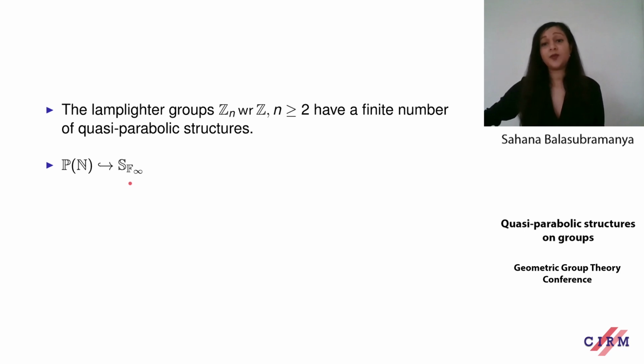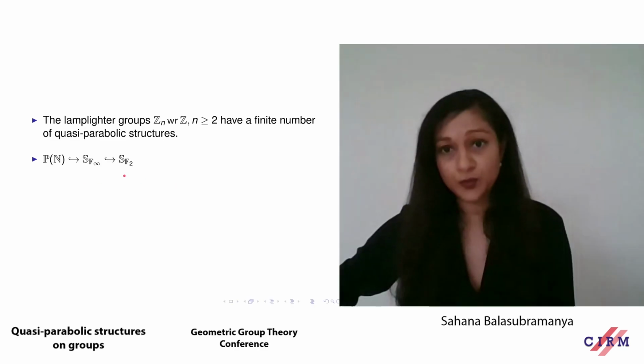And I start by indexing these generators. And for any subset of the naturals, I map it to the subgroup that's generated by the elements that have those specific indices. And now you can embed F infinity into F_2, which is the free group on two generators. So you get an embedding to the proper subgroups of F_2.